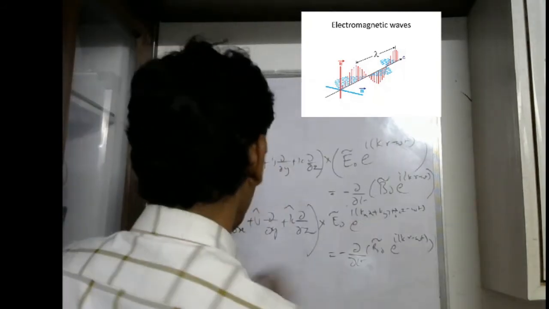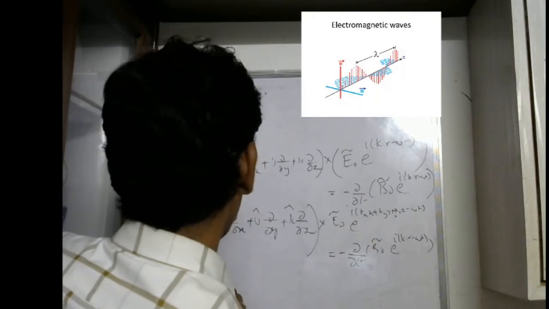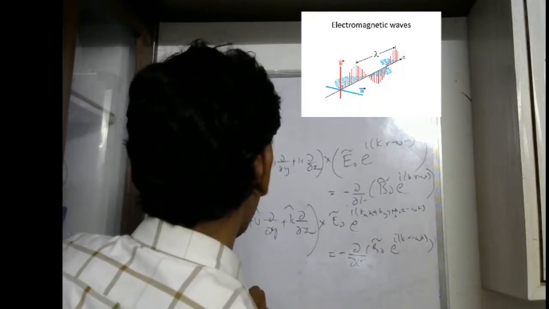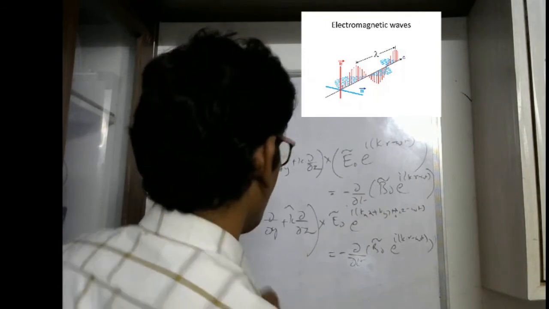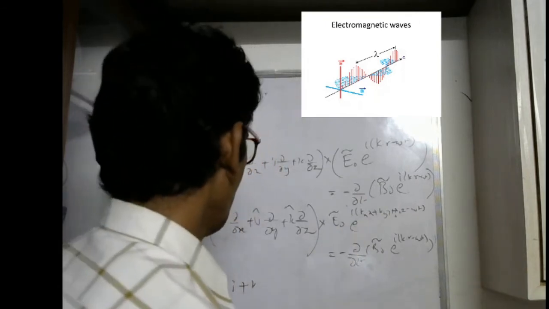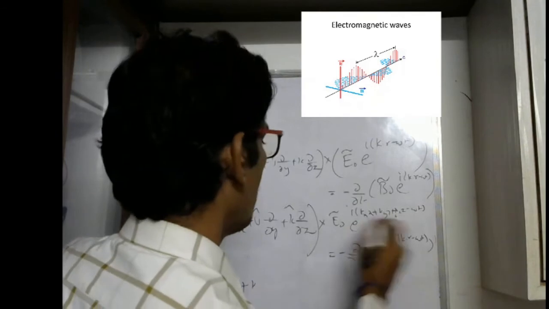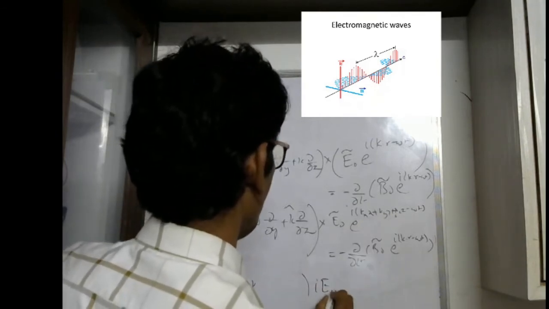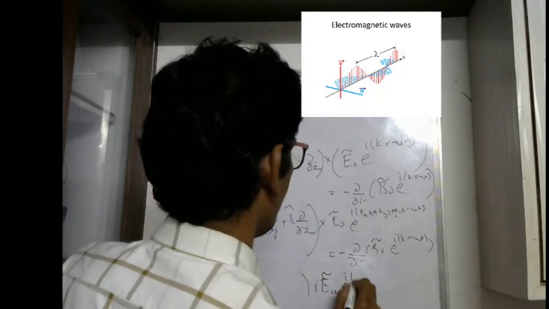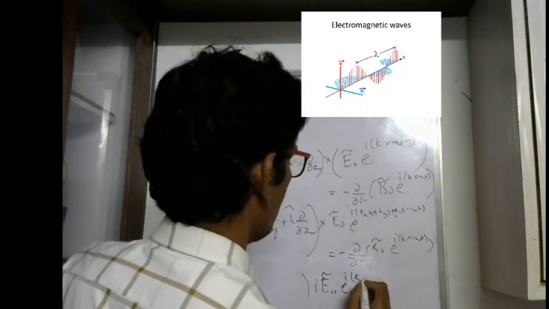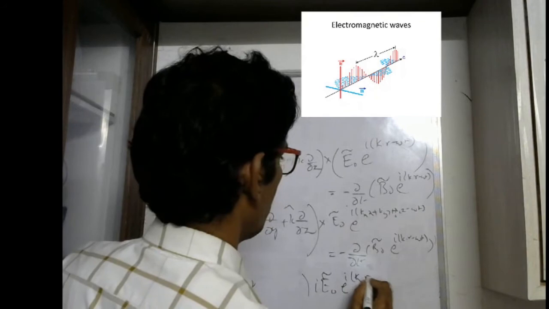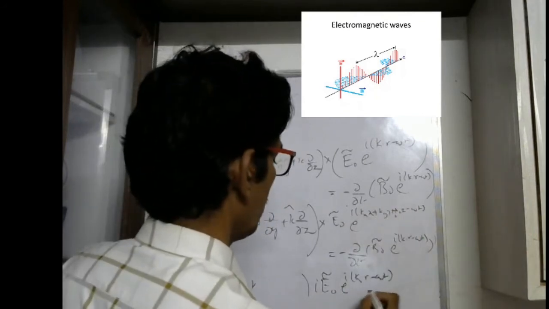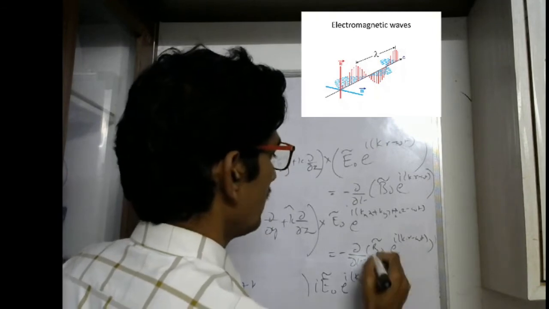Now you will just do this. You get kx i. You are getting i and this thing common: i E naught tilde e to the power of this factor, k dot r minus omega t. This is k dot r on that side. On this side, what is this?